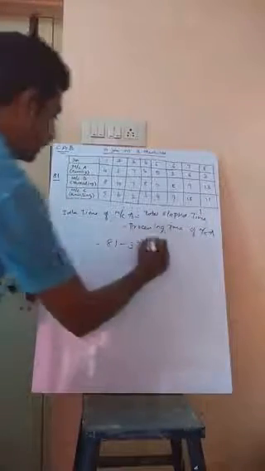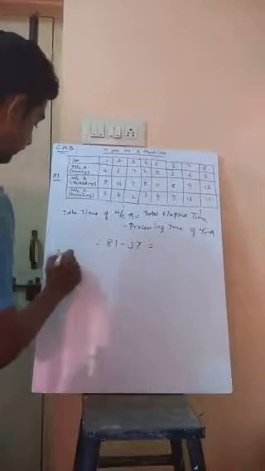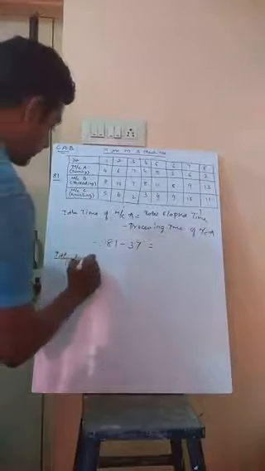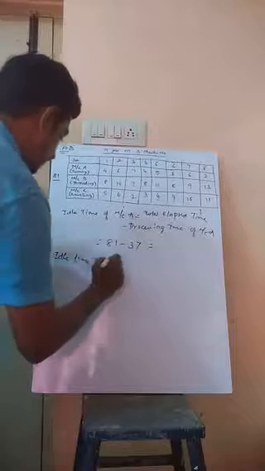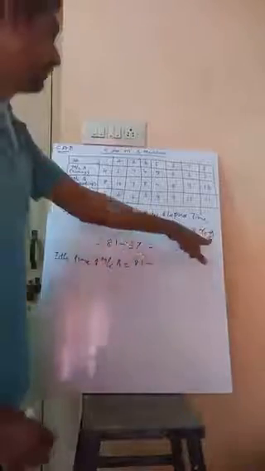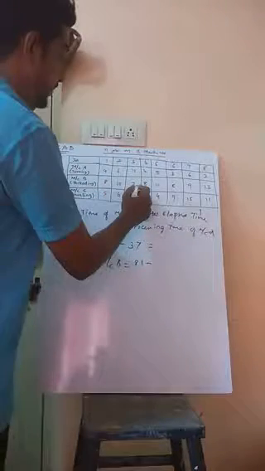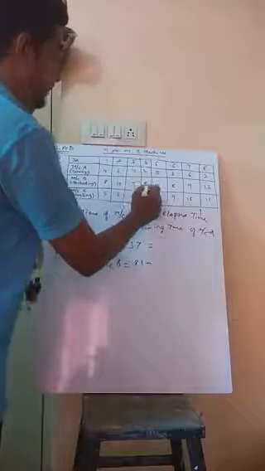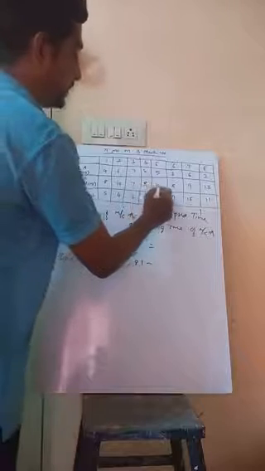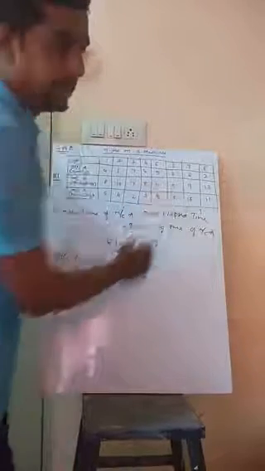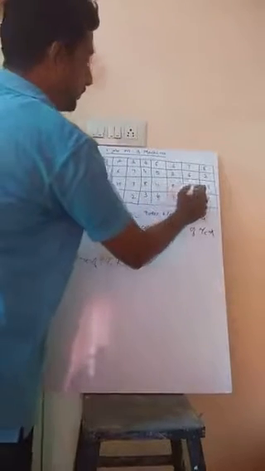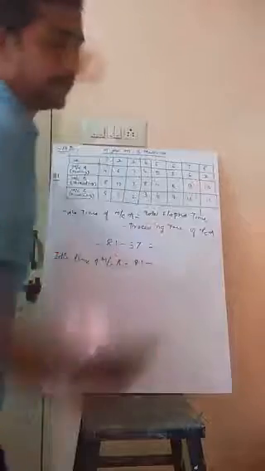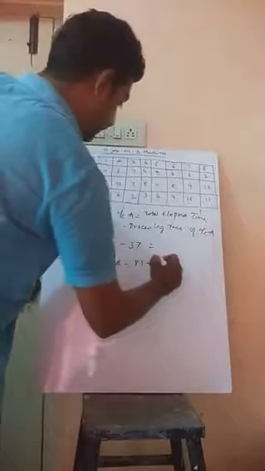Okay, now idle time of machine B, that is 81 minus processing time of machine B. Machine B is what? 18, 25, 25 plus 8, 33, 33 plus 7, 44, 44 plus 8, 52, 52 plus 9, 61, 61 plus 13, that is 74.